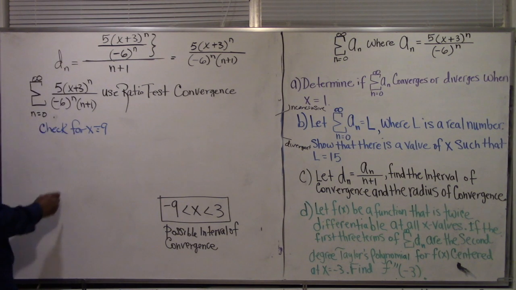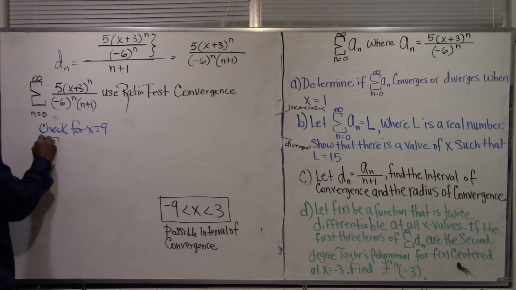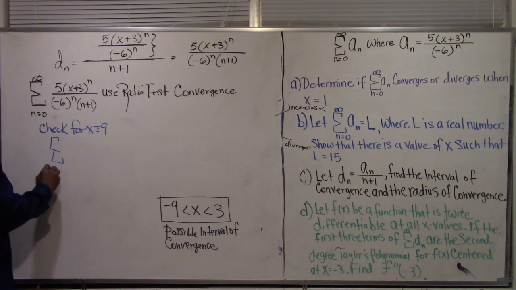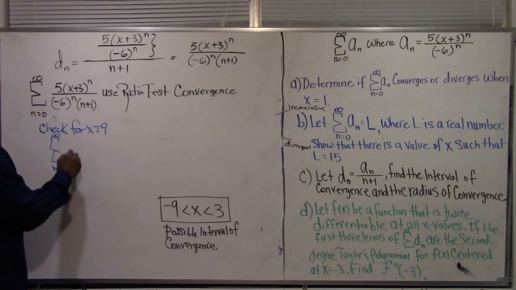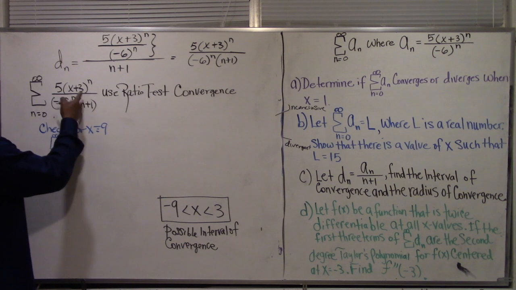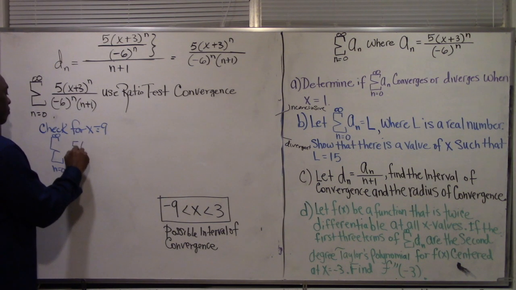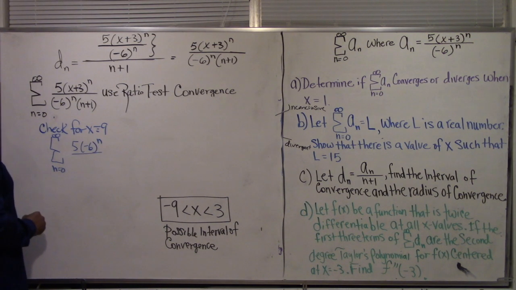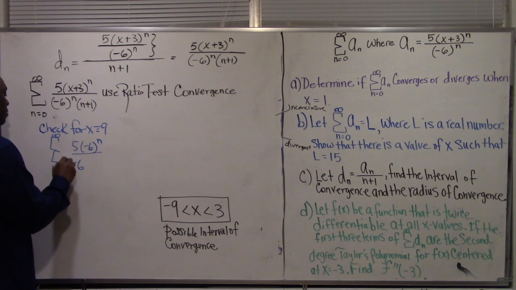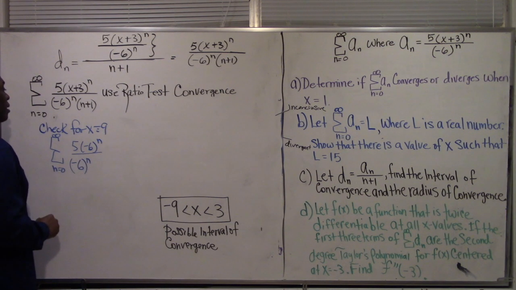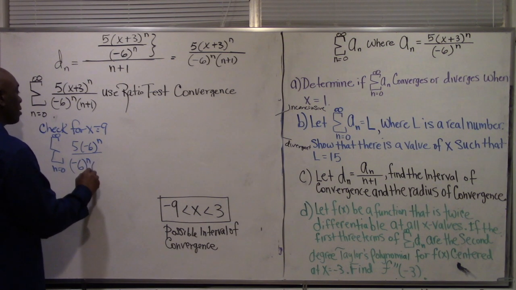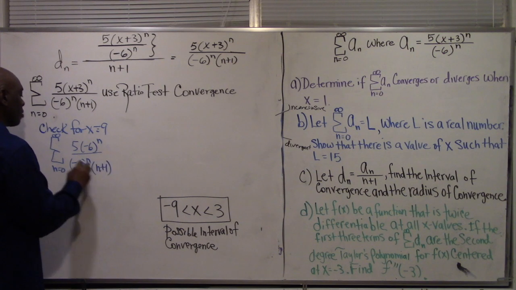Plug it in. So I have my sum, n equals 0 out to infinity. Put a negative 9 right there. I'm going to have 5, negative 9, that's going to be negative 6 to the n over negative 6 to the n times n plus 1.